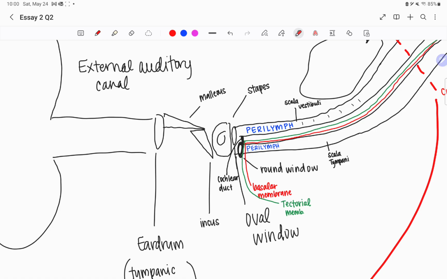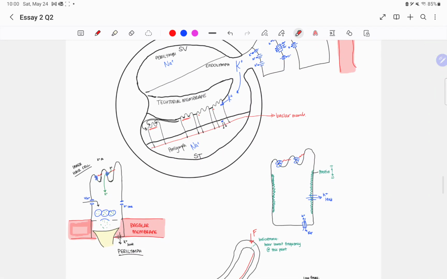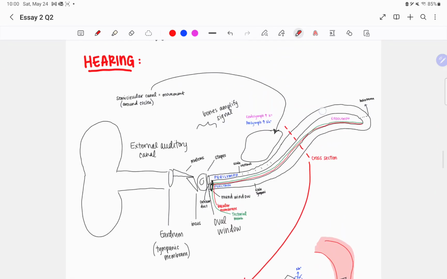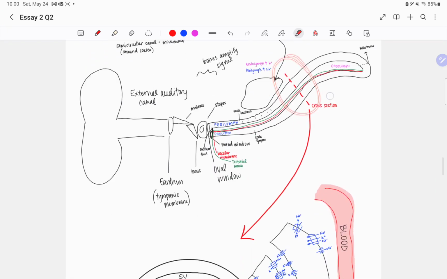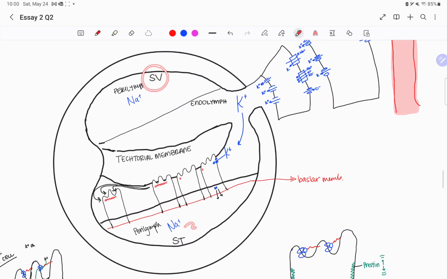And just above the basilar membrane is the tectorial membrane. So this is kind of a cross-section. I've taken a cross-section of this, opened it up. So this is the scala vestibuli. This is the scala tympani. This is our tectorial membrane right here. This is our basilar membrane. And then this is the cochlear duct, this area right in here.